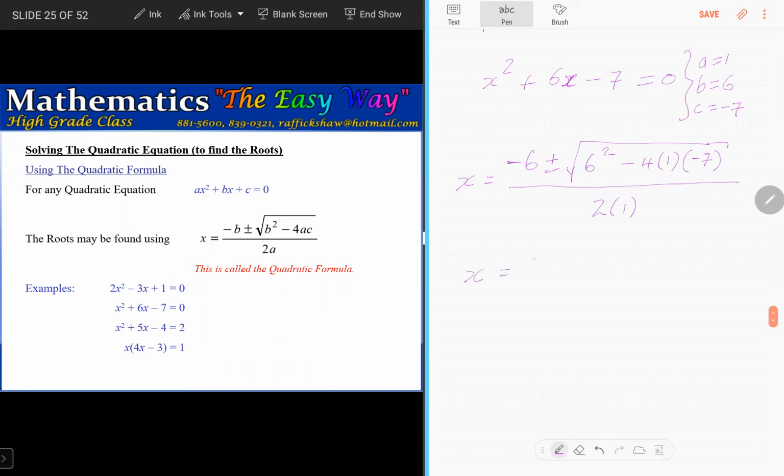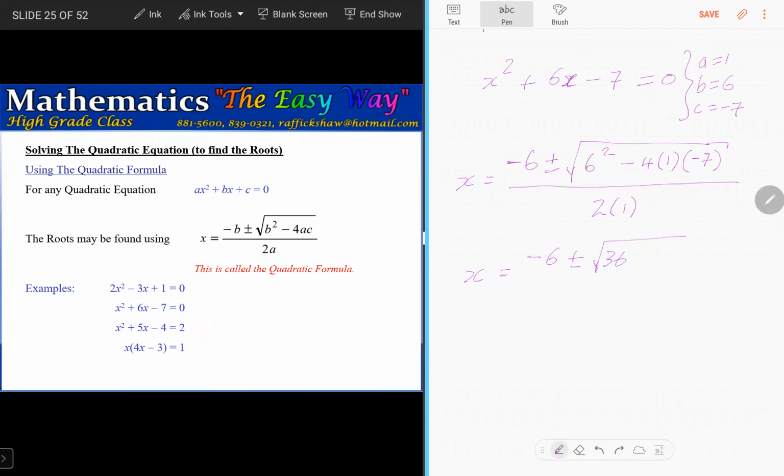x equals minus 6 plus or minus the square root of 36, because 6 squared is 36. Now watch this. Minus 4 times minus 7 gives you a positive. Minus times minus gives you a plus.